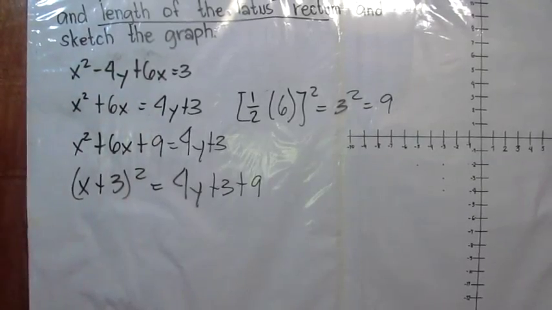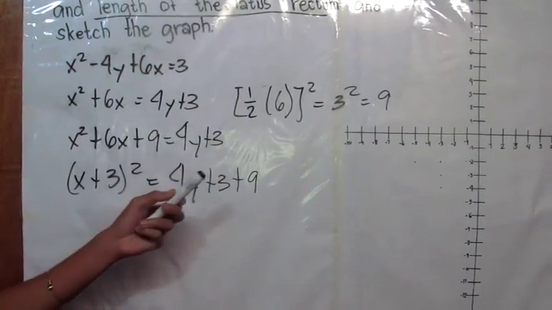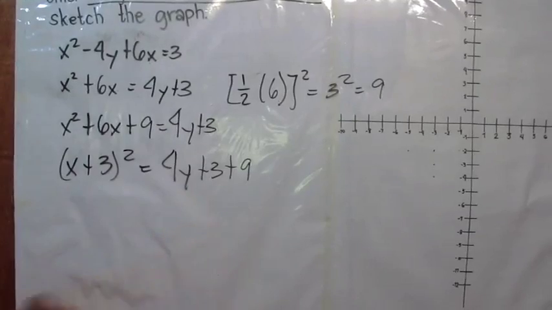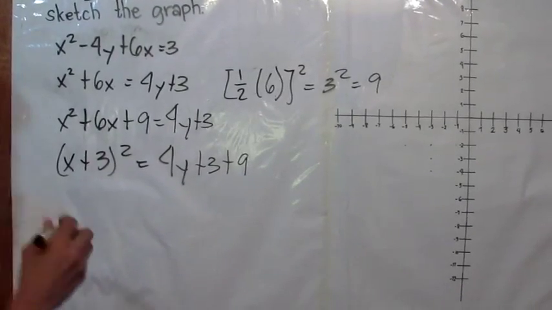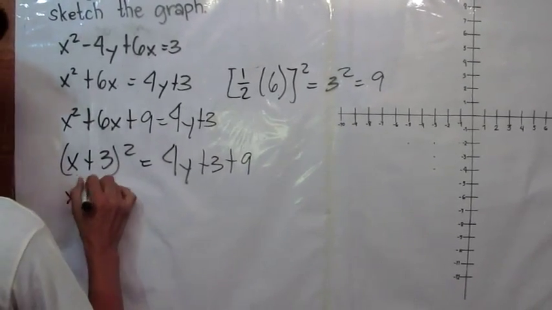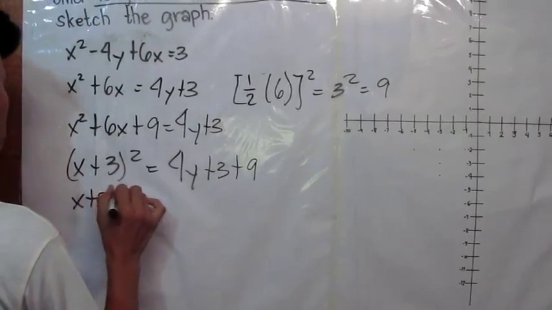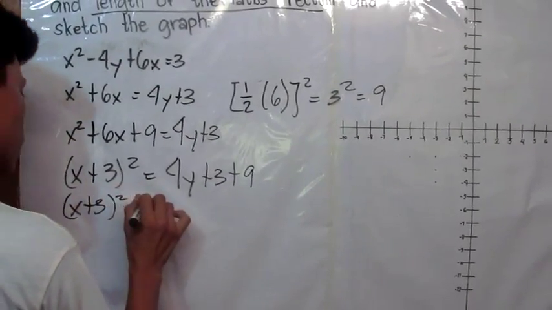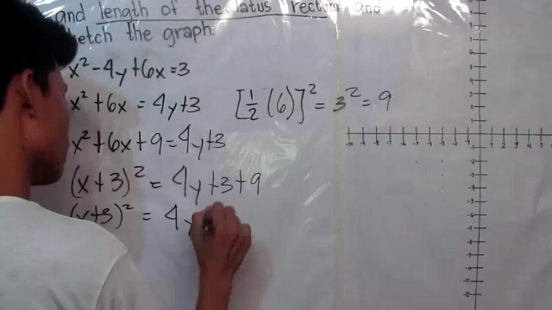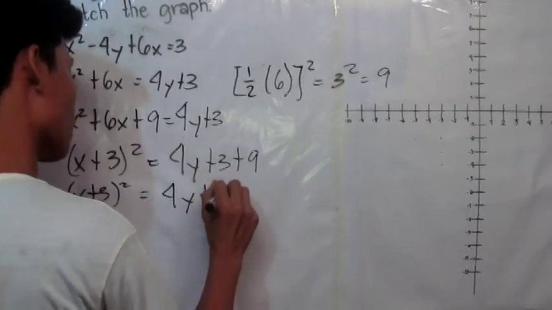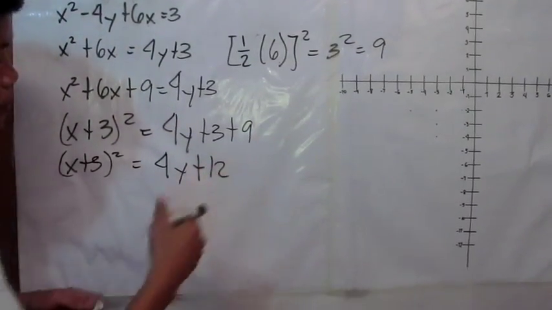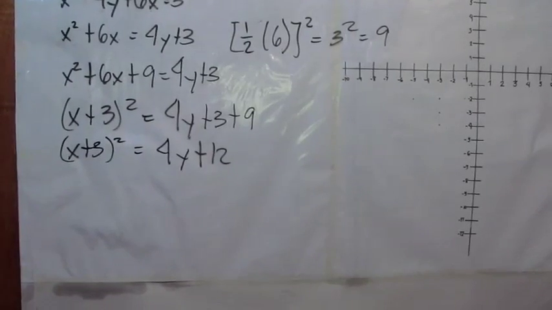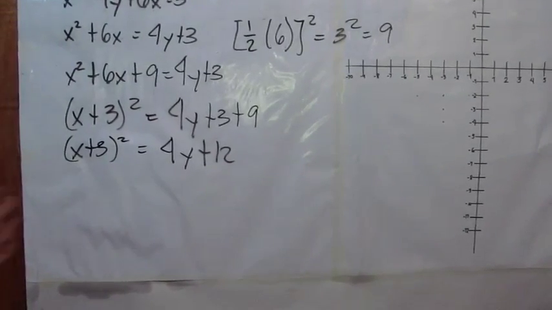Okay, then we're going to add the positive 3 and 9. So 4y plus 12. Okay, 3 plus 9 is equal to positive 12. Then we're going to factor this out.